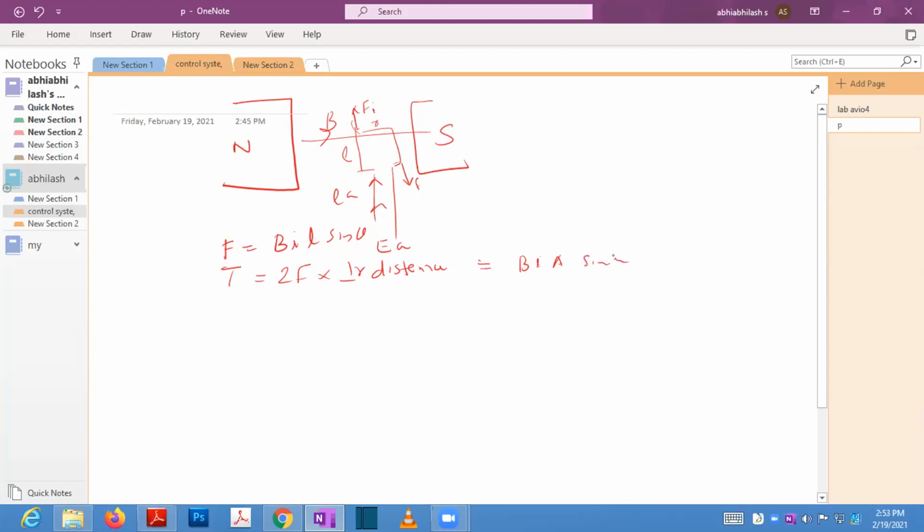B is constant because this is a permanent magnet, and A is constant because the area of the conductor is constant. So torque is proportional to Ia, or equal to Kt multiplied by Ia. Kt is called the torque constant.